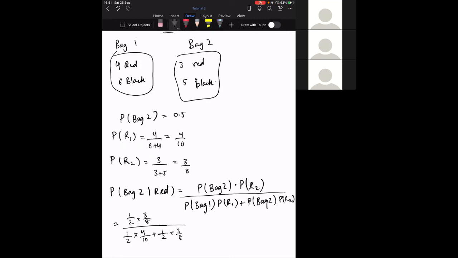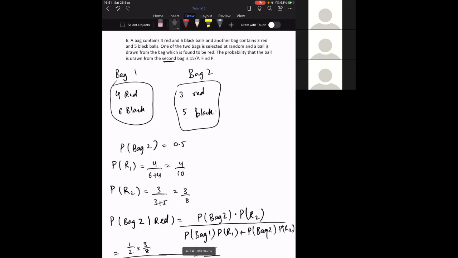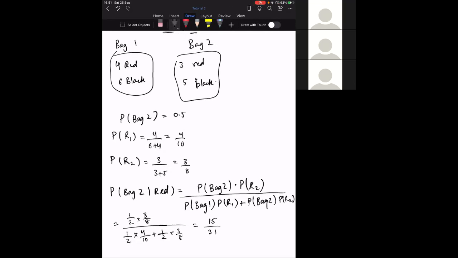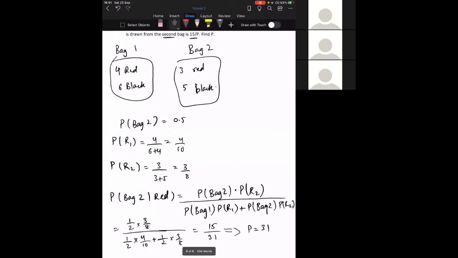Okay. Solving this will give us 15 over 31. What did we need? We needed precisely that, a fraction in the form of 15 over a certain integer. And from this, we can say okay, p is equal to 31 just by comparing the two.